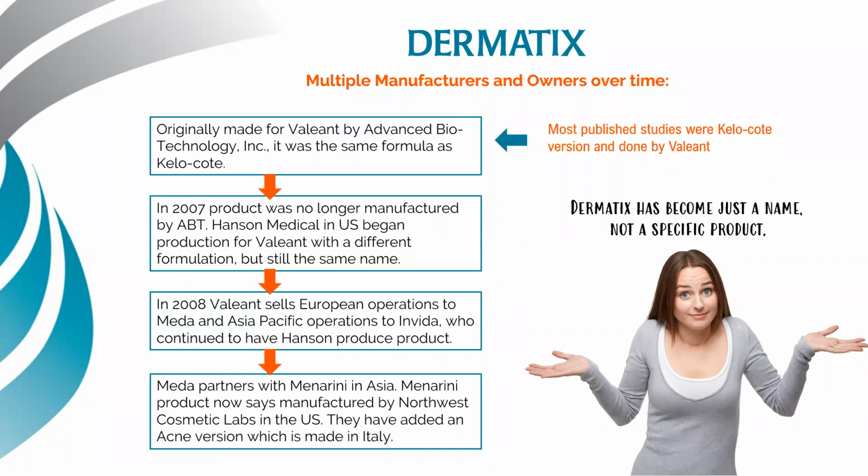So those studies said it works, but any of these newer formulations, that's not the same product. So you can't really compare it using these studies. So this has become a very convoluted, misleading product where the only thing that has remained the same is the name Dermatix, and they've taken a lot of license with continuing to call it Dermatix while changing what's on the inside all the time.